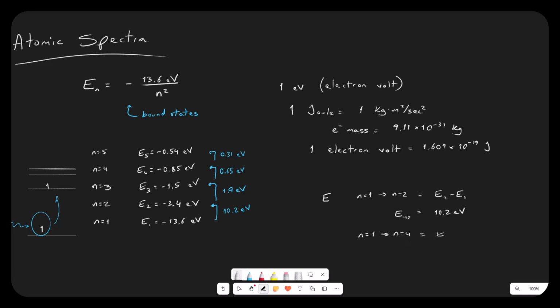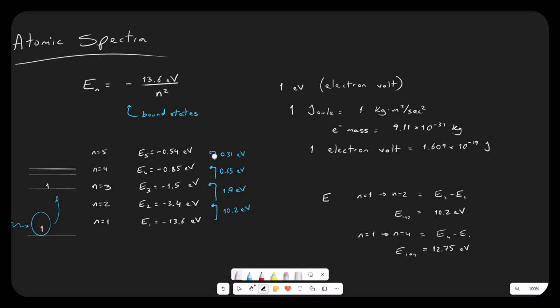To do that, we're going to go E4 minus E1. So our energy from 1 to 4 is going to be 12.75 eV. So we can get there pretty quickly. If we absorb a photon with an energy of 12.75 eV, we will jump from the n equals 1 level straight up to the n equals 4 level.